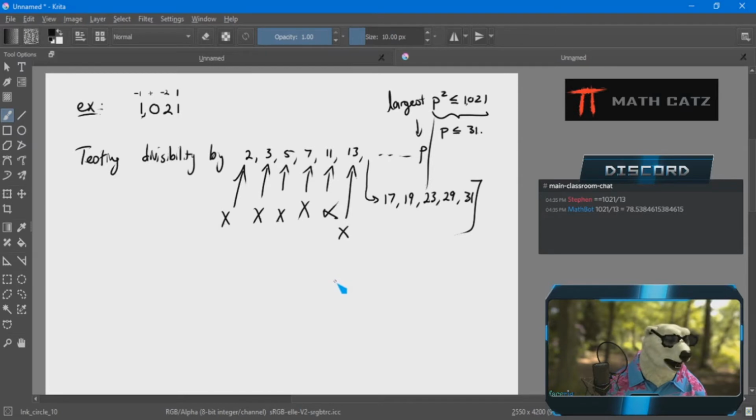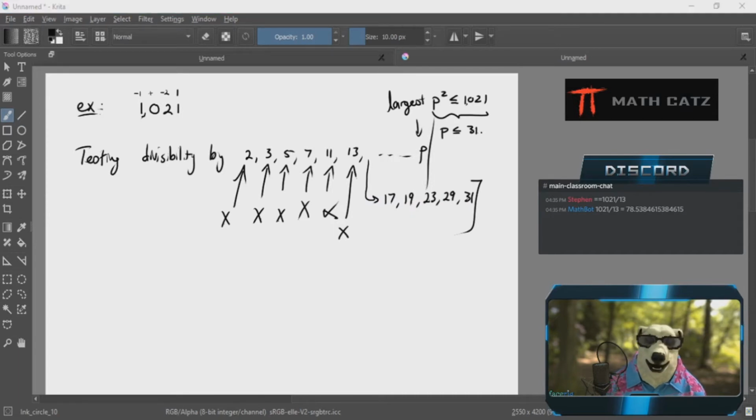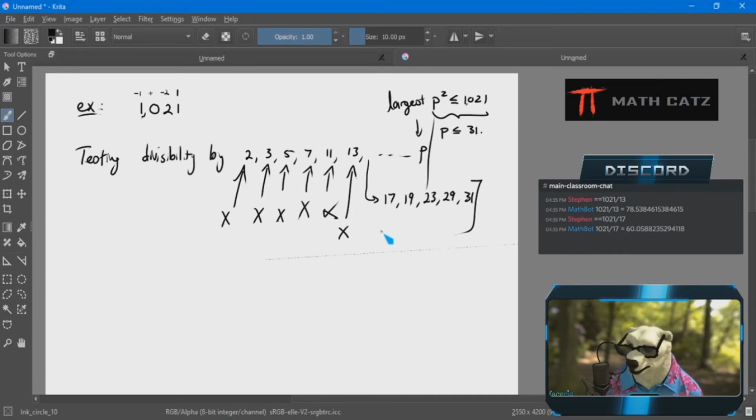This feels prime to me, but I can't just base it on my feelings. There could be something that I'm not seeing as factors because these numbers aren't that familiar to me in terms of their multiples and stuff. So I check 17. That's a no. 19.